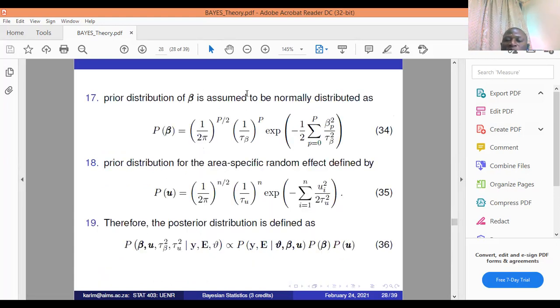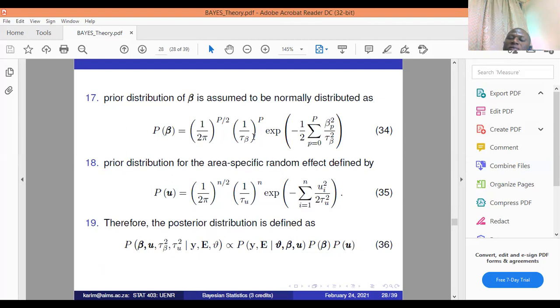So the prior distribution for the parameters we assume has a normal distribution. So here we have 1 because we are taking the likelihood. So we have the number of parameters, p over 2, depending on the number of parameters. So if you have 3 parameters, you have that, because we are going to take the product of these things. So we have p divided by 2, so that is just the pth root of the whole thing that we have here.